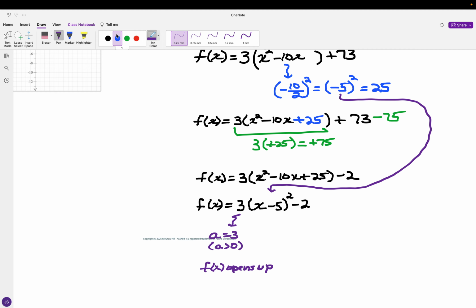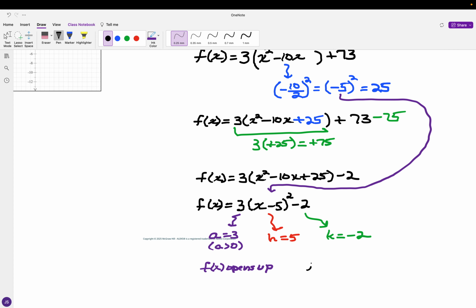And for what I have in the case of the h value, again, the h value is going to be the 0 of x minus 5, so we have that h is equal to 5. And for the k value, we had the subtraction of 2 at the end, so we had that k is equal to -2.